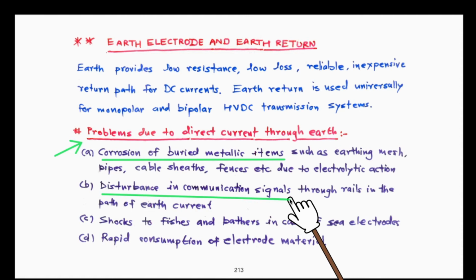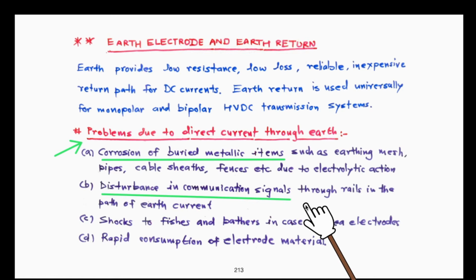It may be in the form of broadband noise. But of course, this is an undesirable effect of flow of current. So how this can be minimized and what the impacts are that we have to analyze.